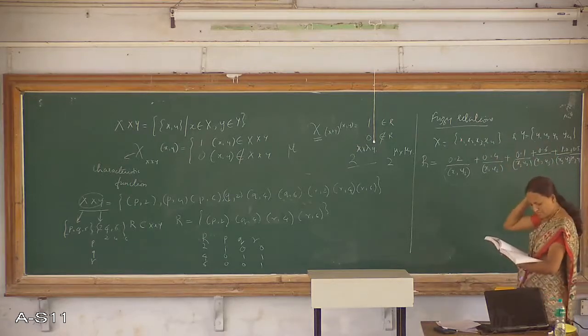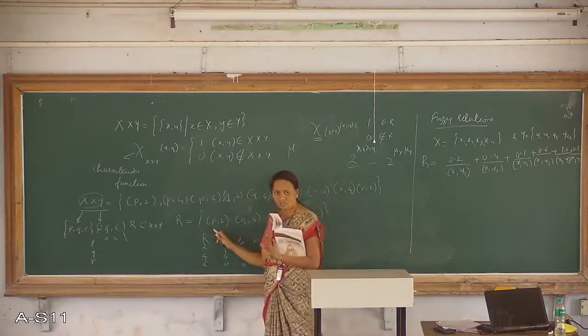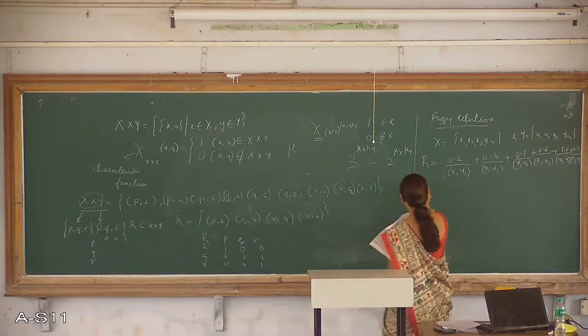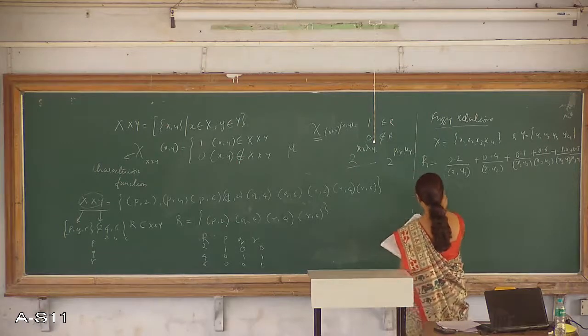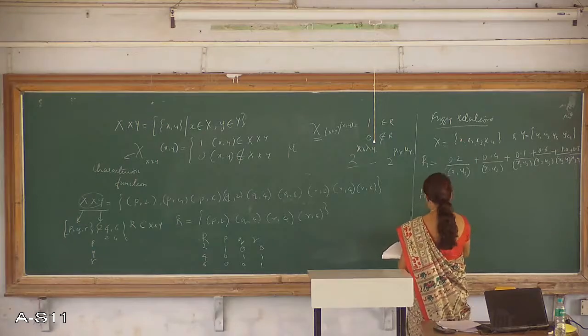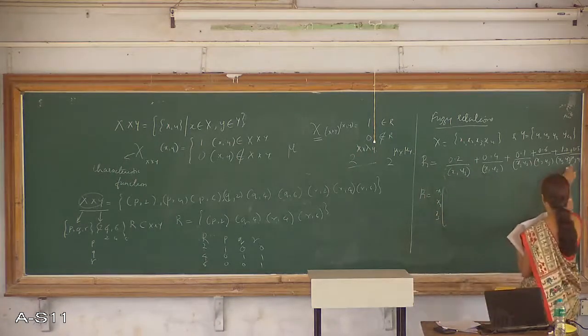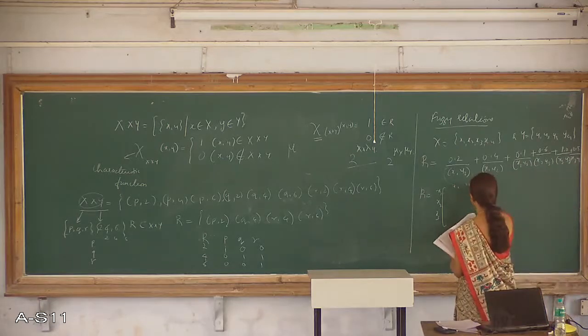So when I do the fuzzy relation, here we have depicted the Cartesian product in terms of a matrix. If I want to depict this in terms of a matrix, then I should have rows x1, x2, x3 and columns y1, y2 and y3.